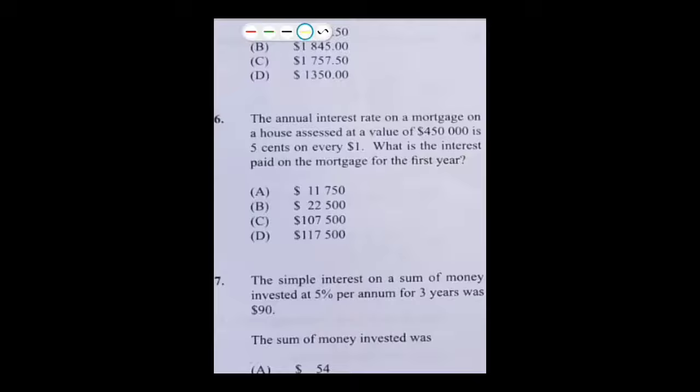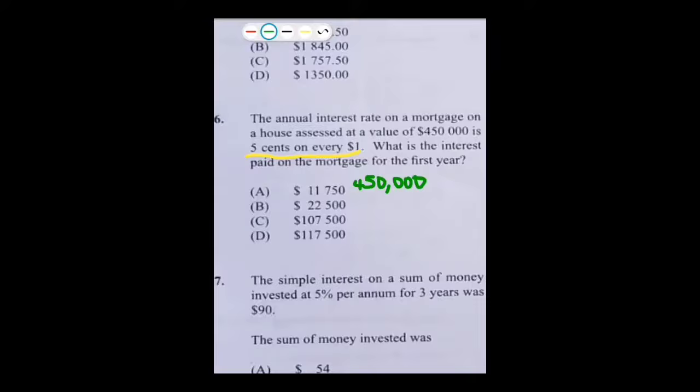So from this question, we can tell that for every $1 we're paying back to the bank, we're paying 5 cents in interest. So to find out how much interest we're going to be paying, we need to multiply 5 cents by the actual cost of the house or the property. So it's going to be 450,000 multiplied by 5 cents.